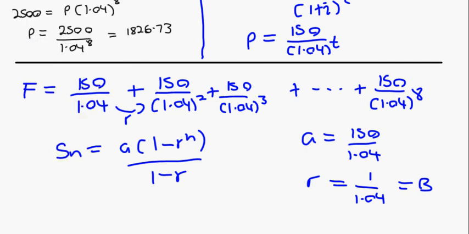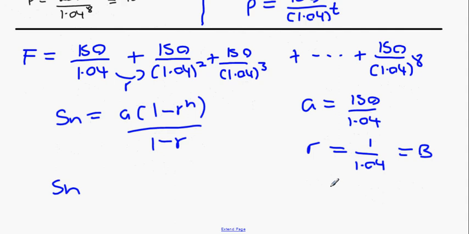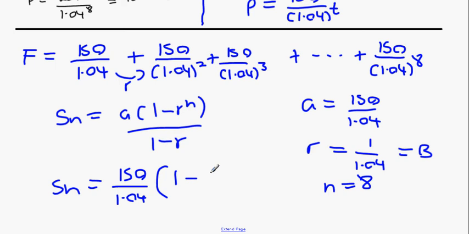So now we're going to do this as an Sn function. Our n is going to be equal to 8 because we do it for 8 years. So what we're going to get is 150 over 1.04, times 1 minus b to the power of 8, all over 1 minus b.